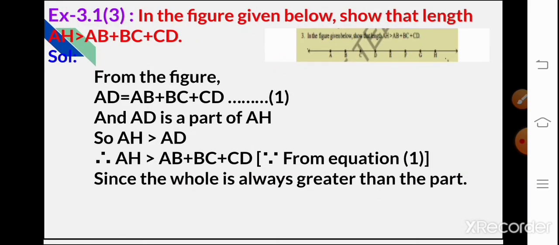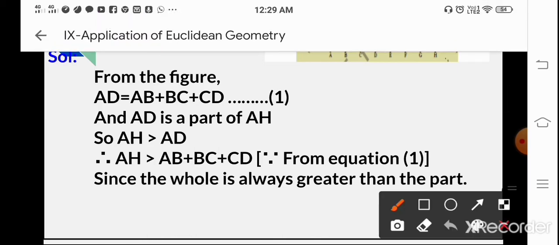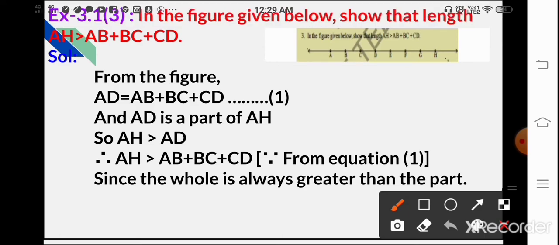Exercise 3.1, question number 3. In the figure given below, show that length AH is greater than AB plus BC plus CD. Now let us see the solution. From the figure, AD equals AB plus BC plus CD.